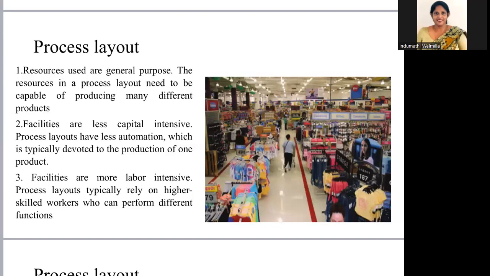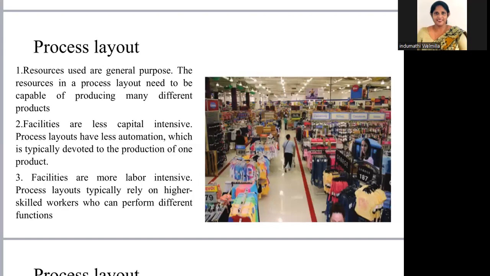The departments are grouped based on their function, such as cardiology, radiology, laboratory, likewise. The patient, the product in this case, is moved between departments based on his or her individual need.